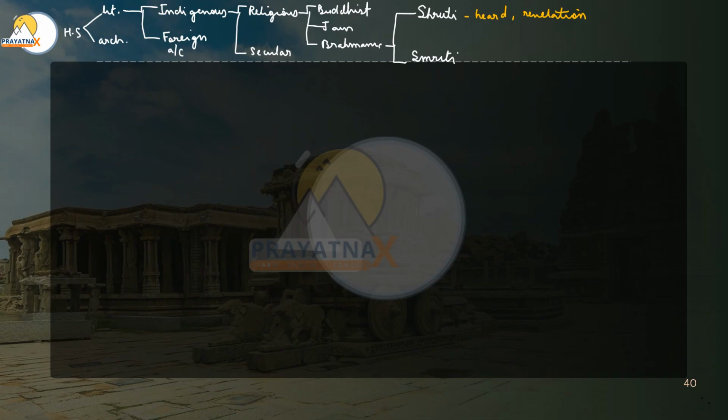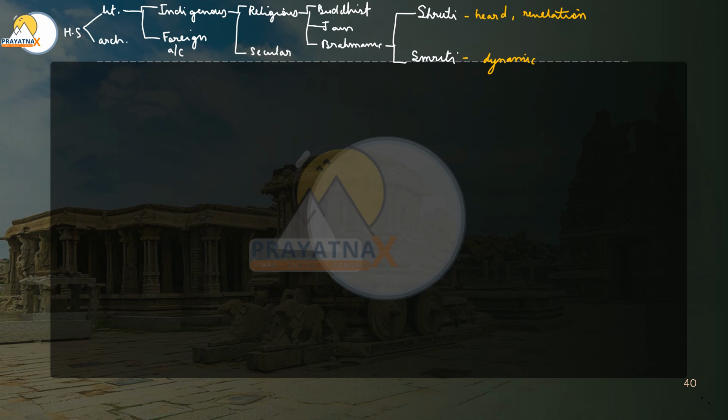Now, it basically describes the sacred text, which comprises the central canon of Hinduism. And Smriti means definite and written literature. Now it is not eternal, and it is constantly changing, meaning it's dynamic and of human origin.